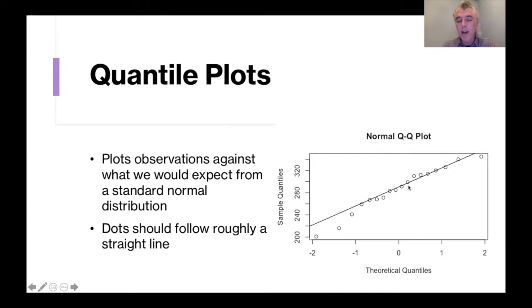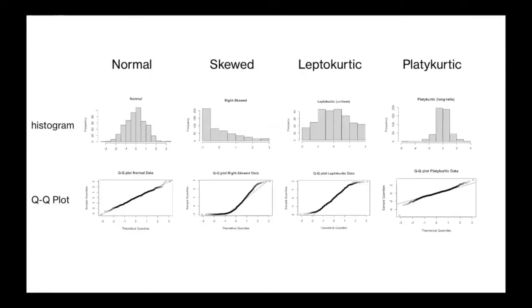But there are some characteristic patterns in the dots falling away from the line that can be indicative of other types of distributions.